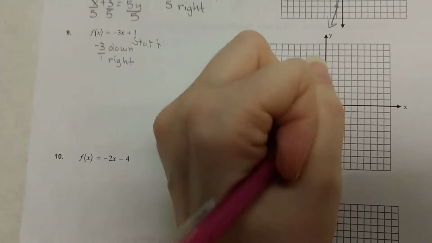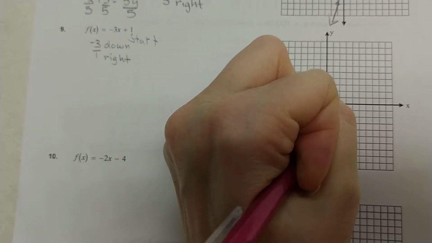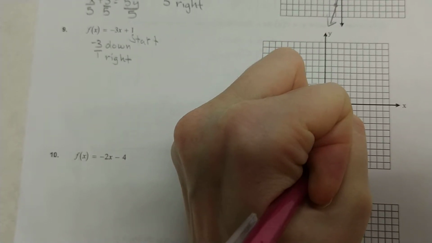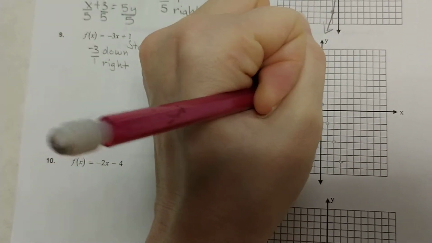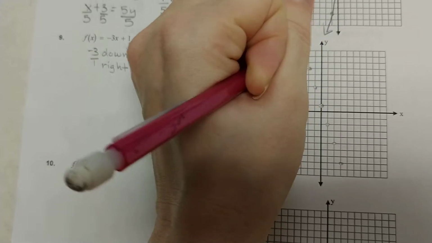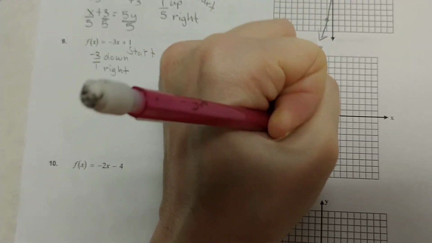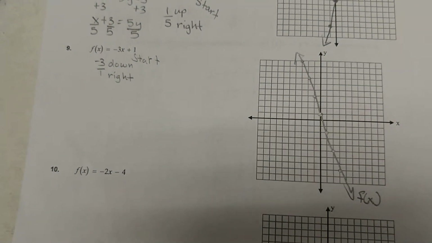I'm going to go down 1, 2, 3, right 1, down 3, right 1, or up 3 and back 1, so that I can get the other piece of my line. So here is my f of x, my original function.